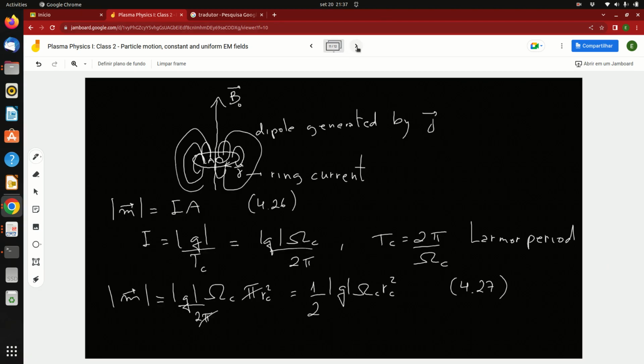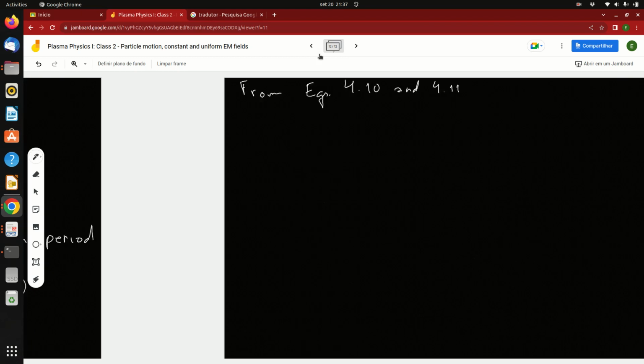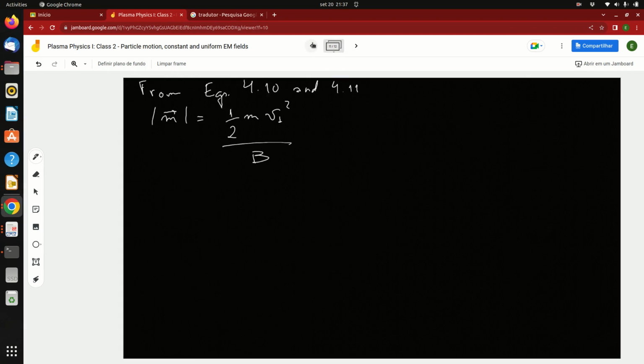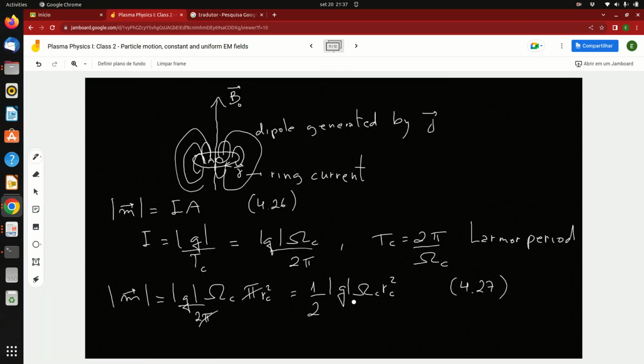So we can use those definitions in this formula for the magnetic moment and write it like this. The modulus of the magnetic moment is equal to 1/2 m v perp squared over B. That's from here.